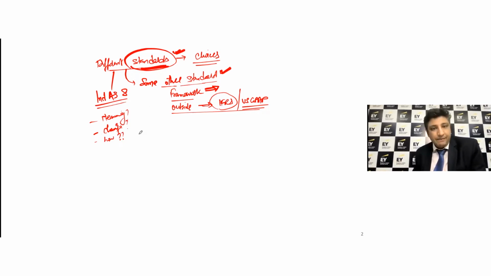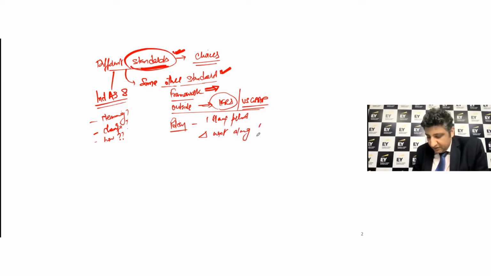What do we do? Because end of the day, if I say I want to use an accounting policy in one accounting period, and I want to change it in the next accounting period, my very basis of comparability is lost.